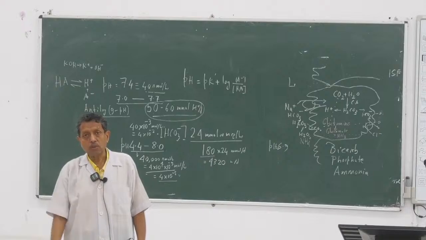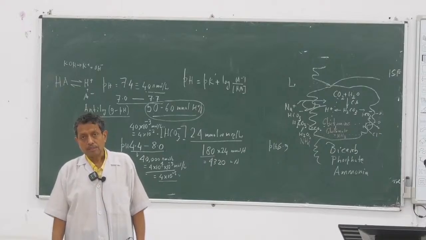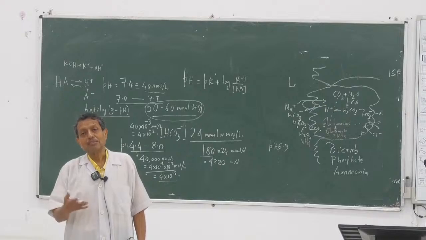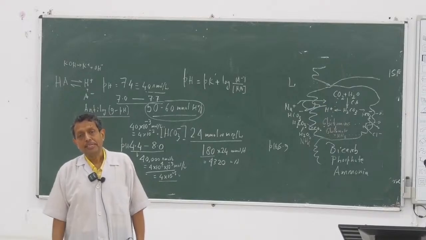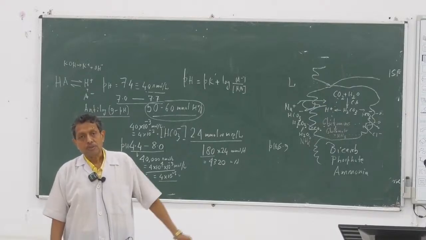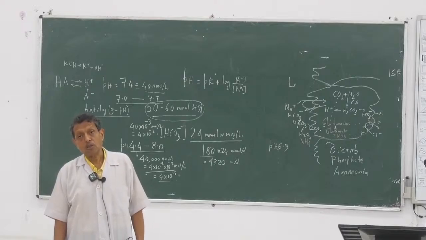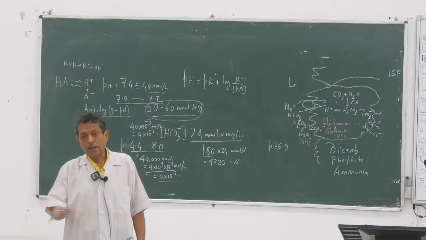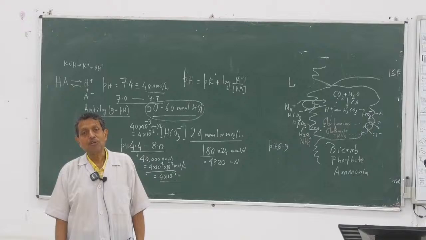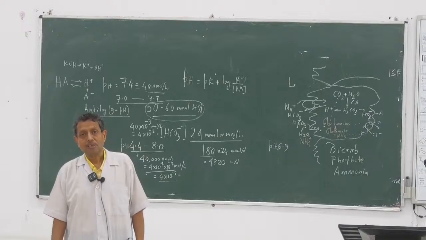But when it goes into the watery part, in the lumen, and there is a suitable atmosphere, it can be converted into either the protonated form or the basal, non-protonated form. And that form is surrounded by water molecules and it will not turn back. It will remain there. It is called diffusion trapping.